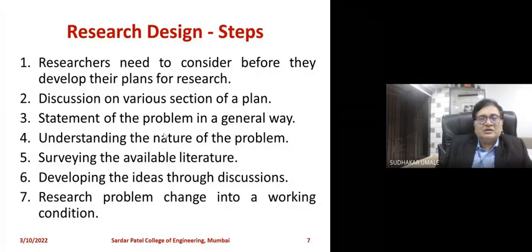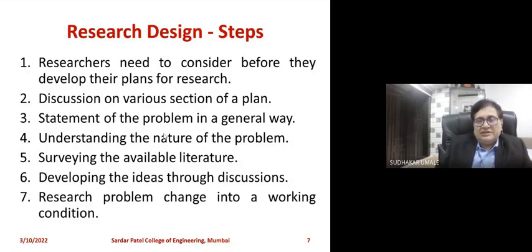Discussion on various sections of plan: statement of the problem in general way, understanding the nature of the problem, surveying the available literature, developing the ideas through discussions, research problem change into working conditions. This is the last step. Suppose you have research problem, then how it is converted into working condition.